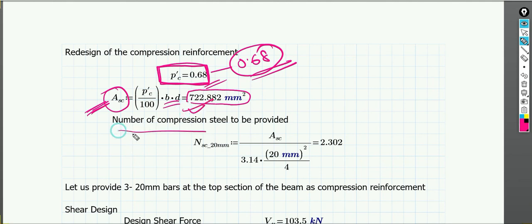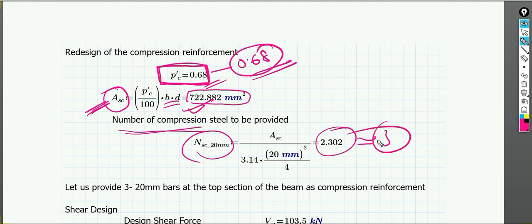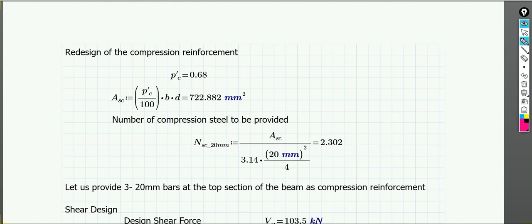If you find the number of 20 mm bars required, it comes out to be around 2.3, so approximately 3 bars you have to provide. As this is already calculated, another check is not required. If you provide 3 numbers of 20 mm bars at the top, the section is definitely going to be an under reinforced section.